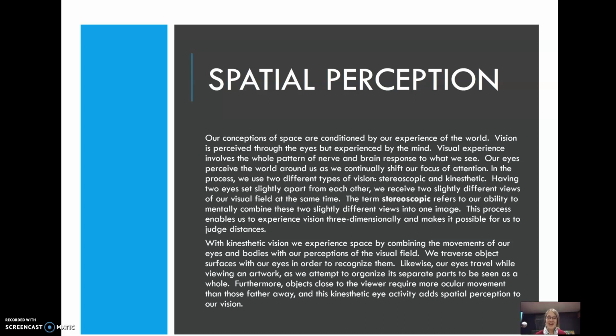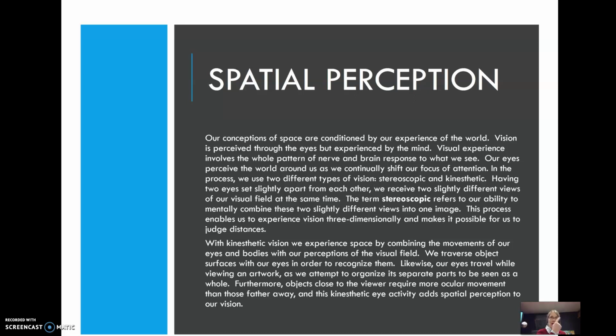Now, with kinesthetic vision, we experience space by combining the movements of our eyes and bodies with our perception of the visual world or the visual field. We traverse object surfaces with our eyes in order to recognize them. Likewise, our eyes travel while viewing an artwork.